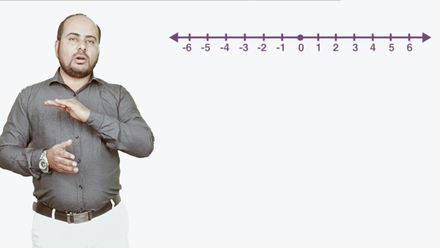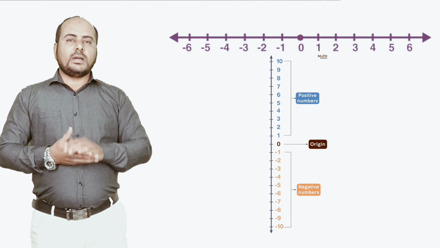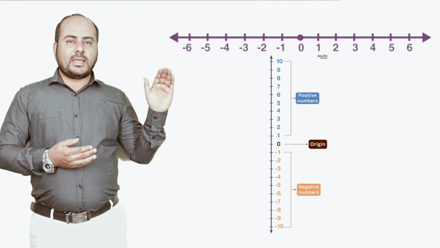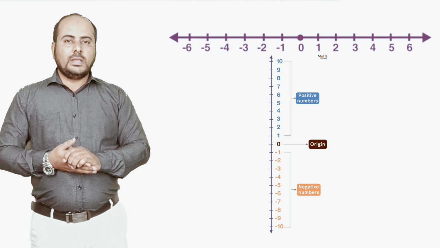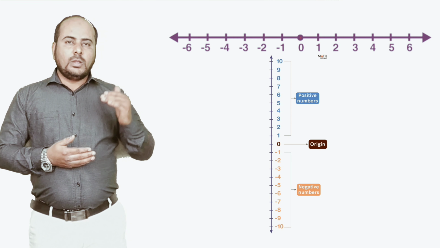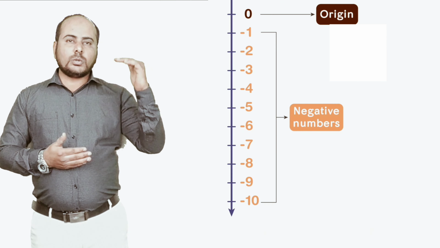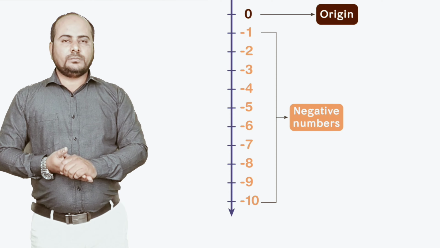Now, you have to take two number lines, horizontal and vertical. Observe that the horizontal line is a number line, and the vertical line is also a number line, but from 0 the upward values are positive and from 0 the downward values are negative.